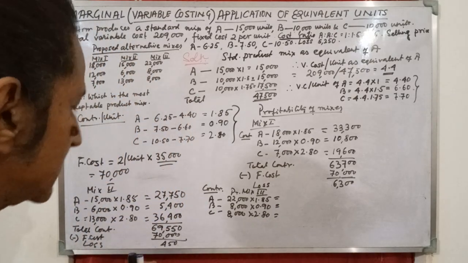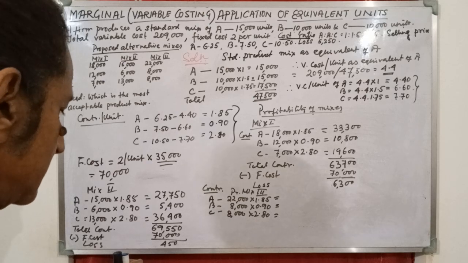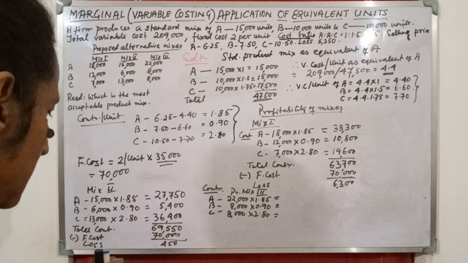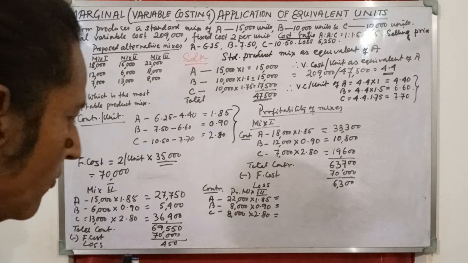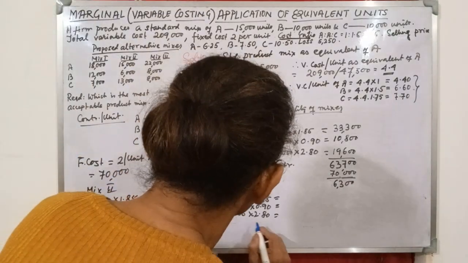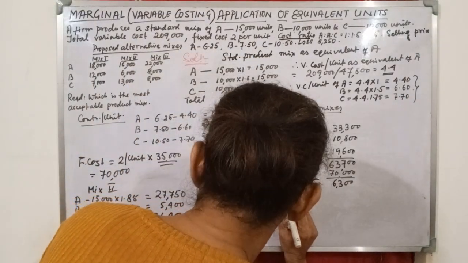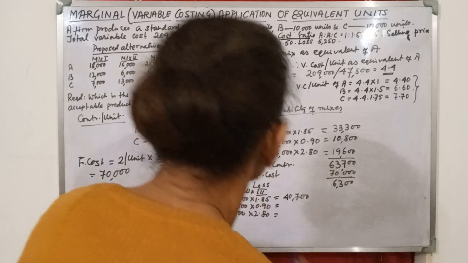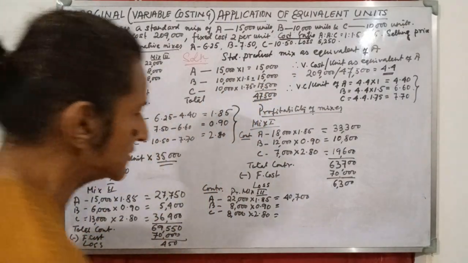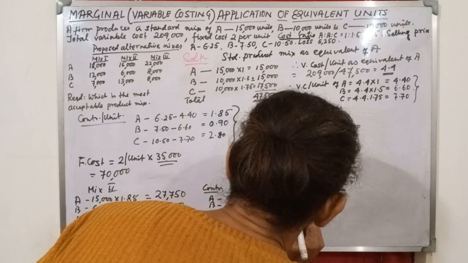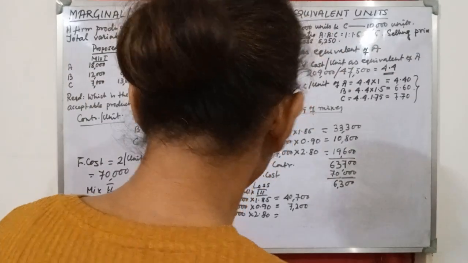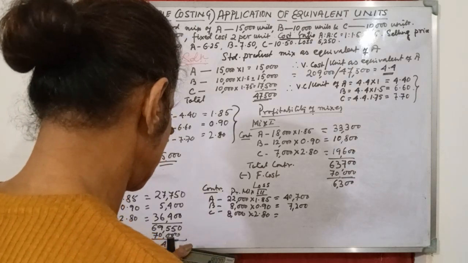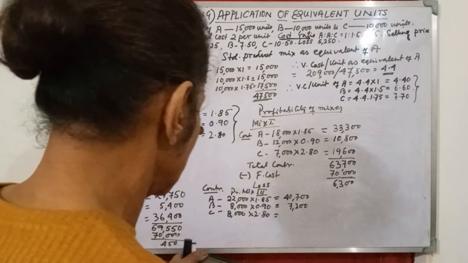So let us see what we get. 22,000 into 1.85 is equal to 40,700. 8,000 into 0.90 is 7,200 and 8,000 into 2.80 is 22,400.